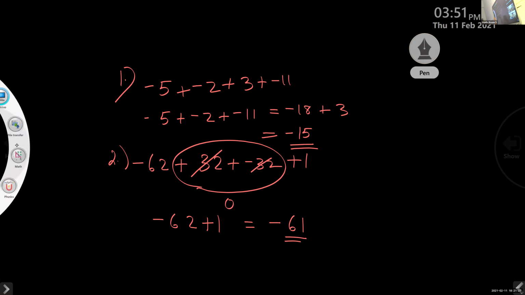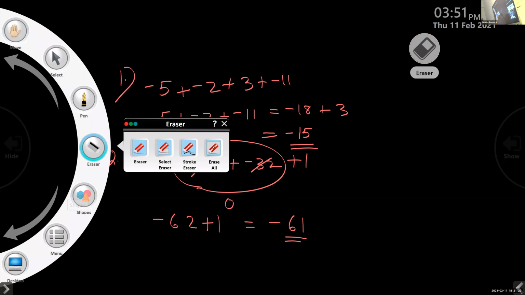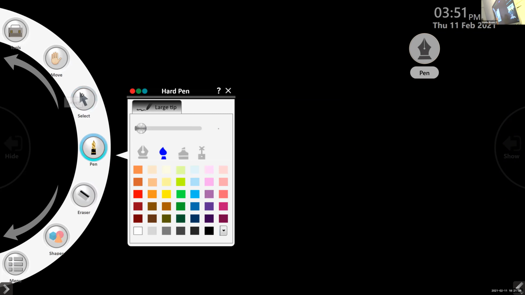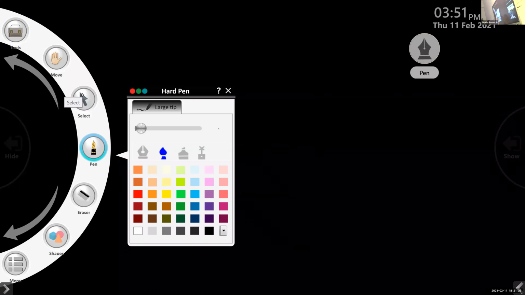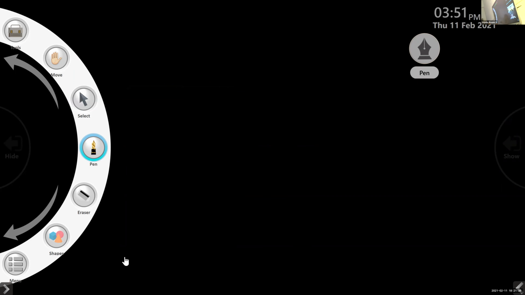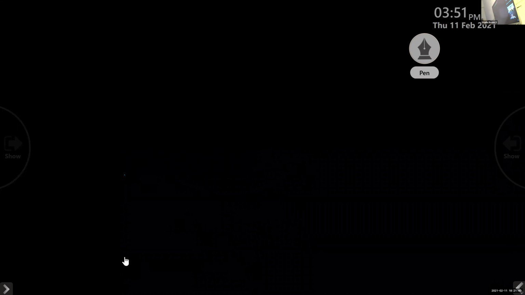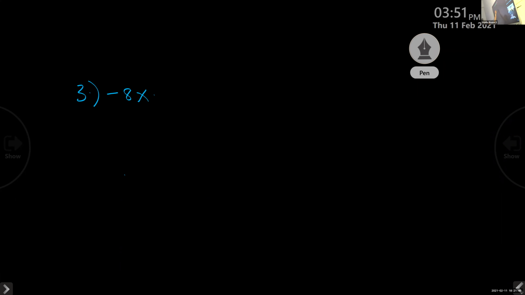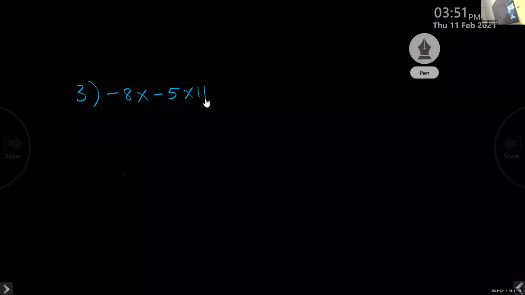Third question: negative 8 into negative 5 into 11 into negative 20.